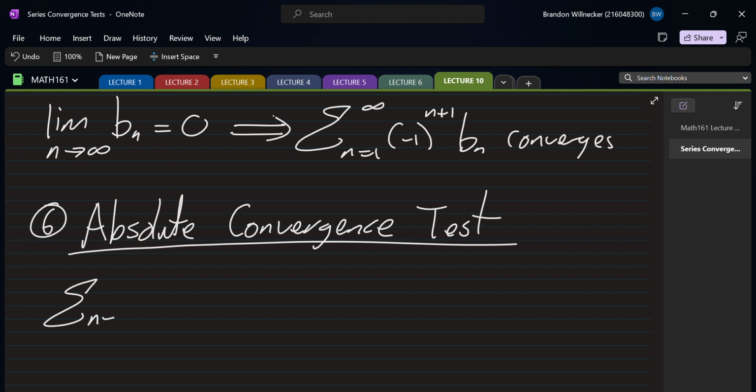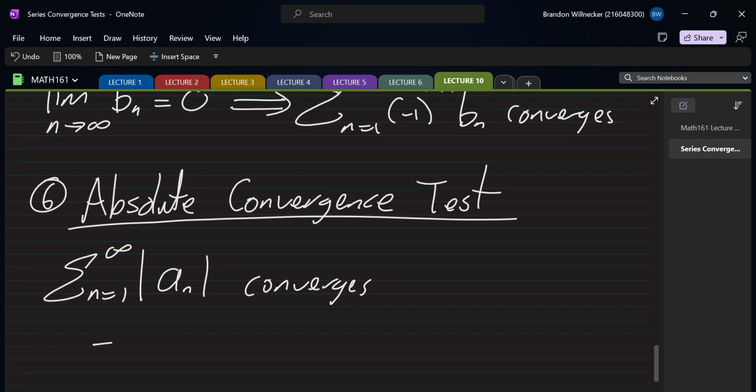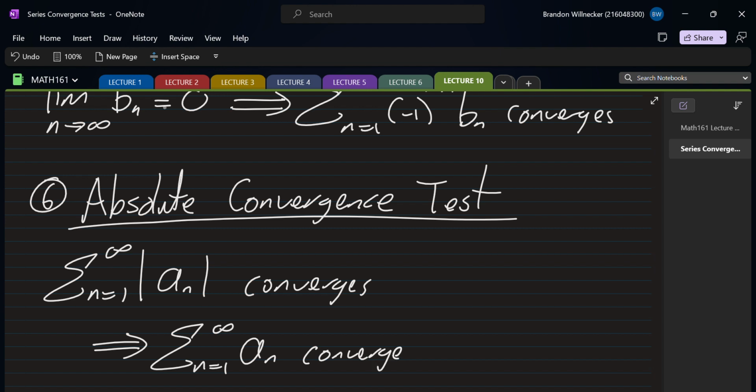If we have the sum as n goes from 1 to infinity of the absolute value of an, and this converges, so given some an, if we can take the absolute value and it converges, then the original one also converges. We call that absolute convergence, because if we take the absolute value, it converges.